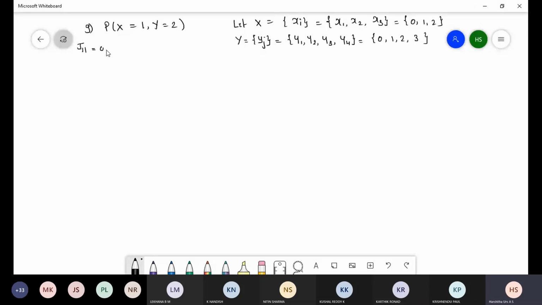Now, first we write all the values. J11 is 0. See the probability distribution, in terms of k we have written. So wherever k is there we have to substitute 1 by 42.